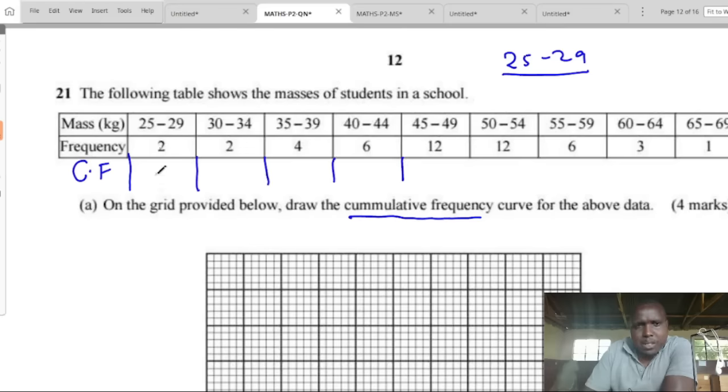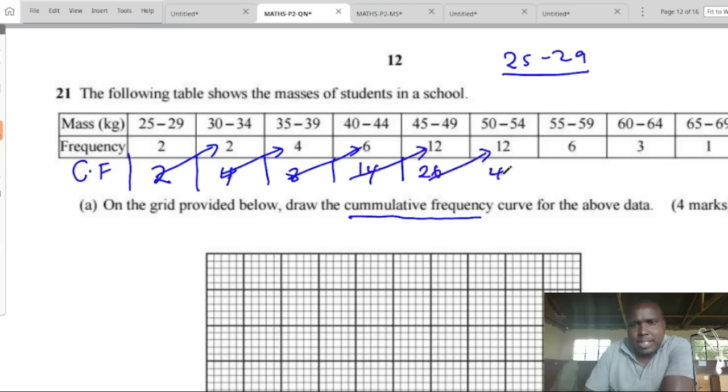You start with the first frequency, which is 2, and then you add 2 plus this. So you go this way. 2 plus 2, that is 4. You go this way. 4 plus 4, that is 8. 8 plus this is 14. This is 26. This is 40.